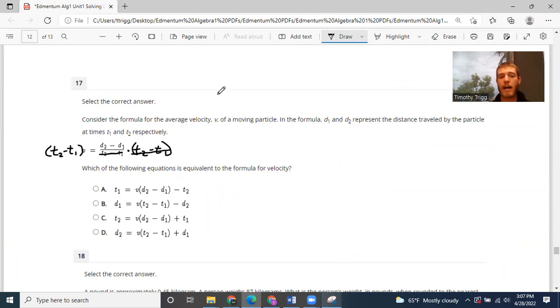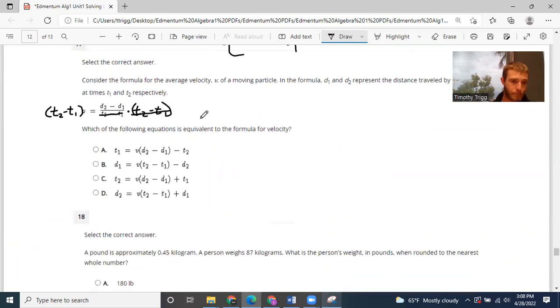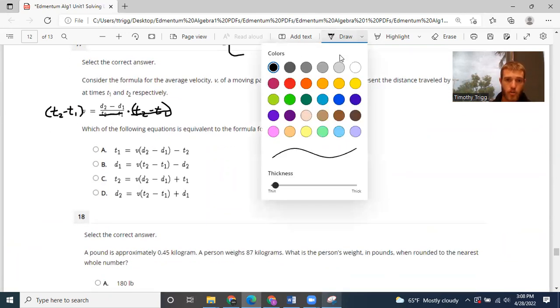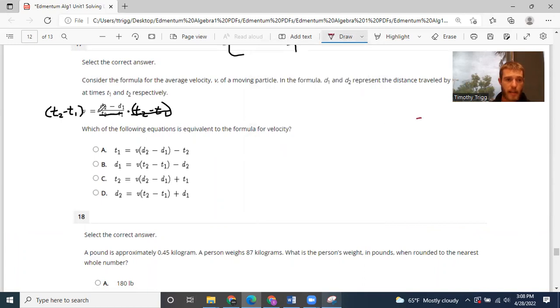With my t's, I always curl my t's on the bottom here. That way I don't confuse them with plus sign. Okay, I suggest you do the same. So on the left side of the equation, we have v times t sub 2 minus t sub 1 equals d sub 2 minus d sub 1.